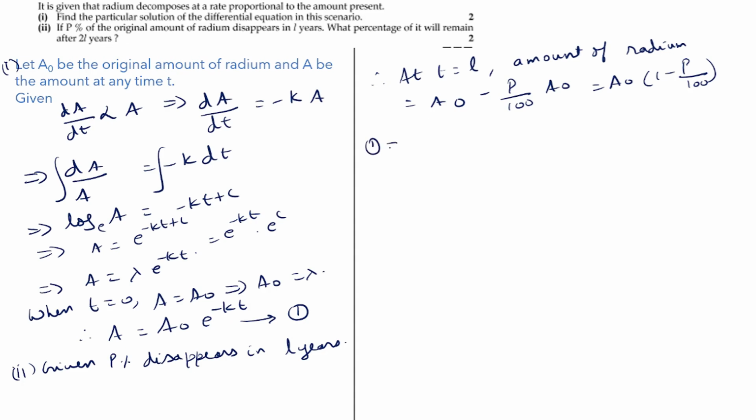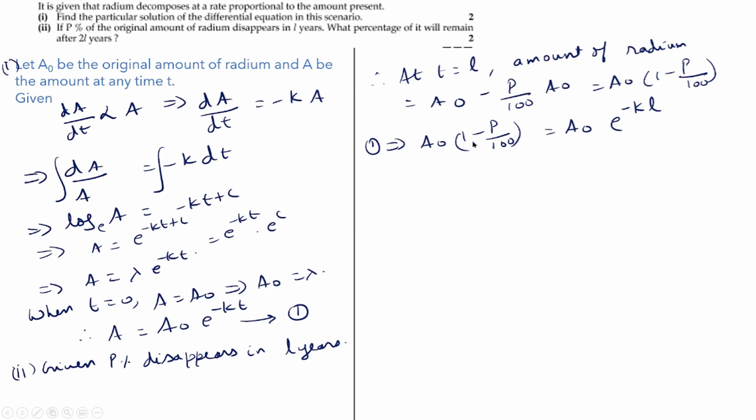So from 1 we have A naught into 1 minus P by 100 equal to A naught into e raised to minus KL, because it is given in L years the amount of radium is A naught into 1 minus P by 100.